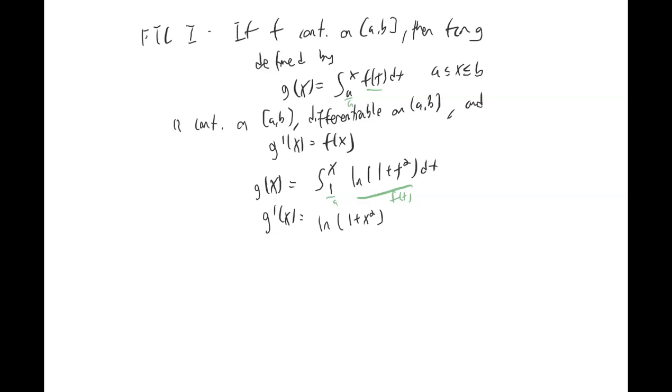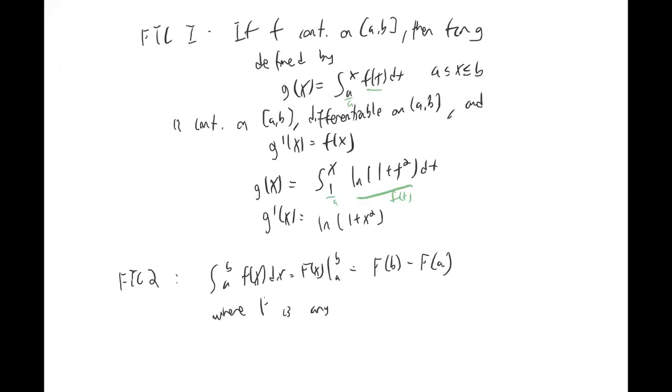Let me tell you that this is kind of strong in a way. So let me give you FTC2 and tell you why. FTC2: integral a to b of f equals capital F of x evaluated at a and b, which is just notation for F of b minus F of a, where F is any antiderivative of f, i.e. F prime is f.